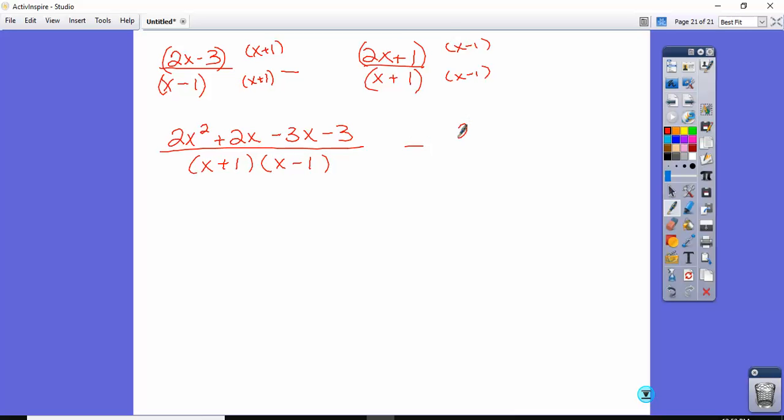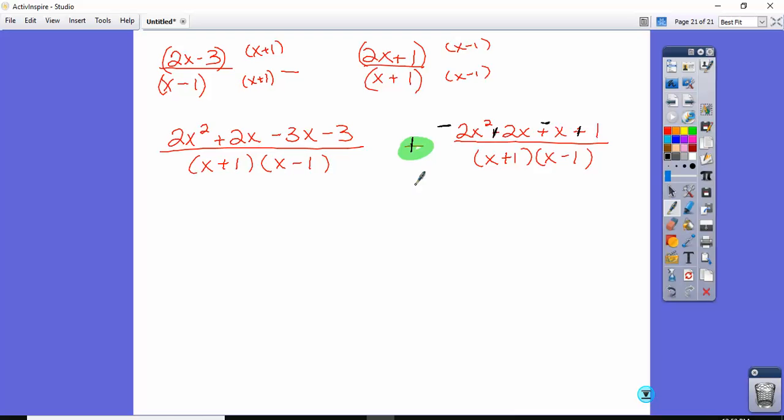This one, if we FOIL, we get 2x squared minus 2x plus x minus 1 over x plus 1, x minus 1. Okay, one thing I want you to watch. If this is a minus, what do I need to do with that? Change signs. Change it to a plus and run a negative through this.